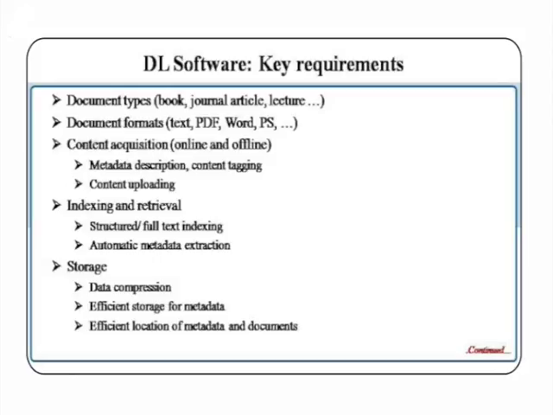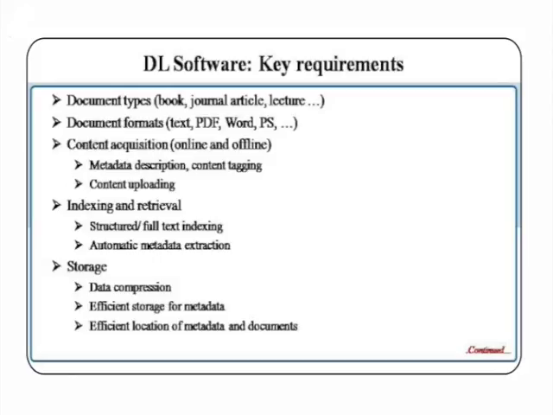And after acquisition, this acquisition can be done online, where the user directly submits the content in digital form, or offline content. We start creating scanned copies, and later it is converted with metadata description, content tagging, and finally uploading this content into the digital library.